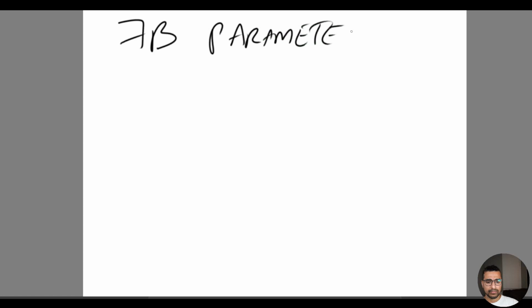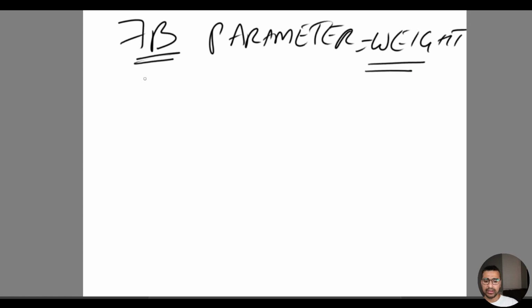Let's say there is a 7 billion parameter model. We also understand that a parameter equals a weight, so a 7 billion parameter model has 7 billion weights, right?